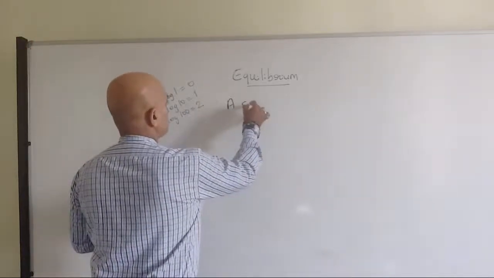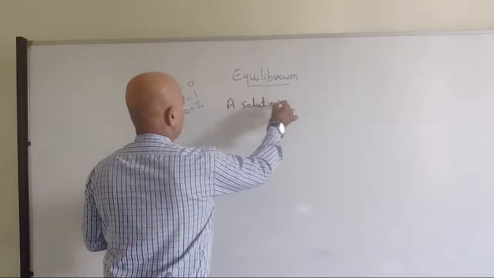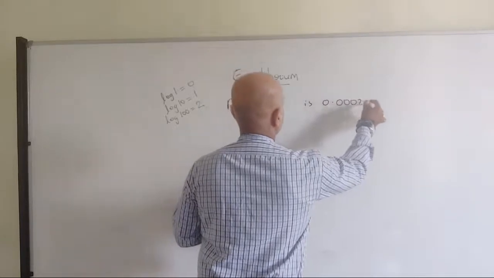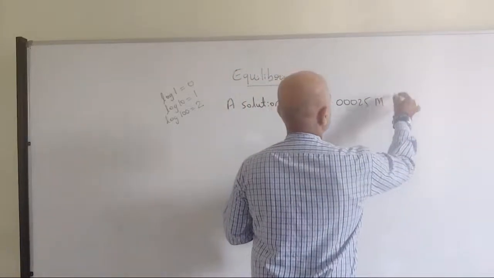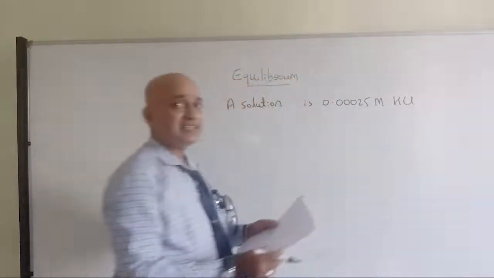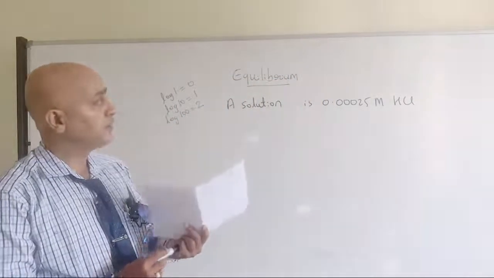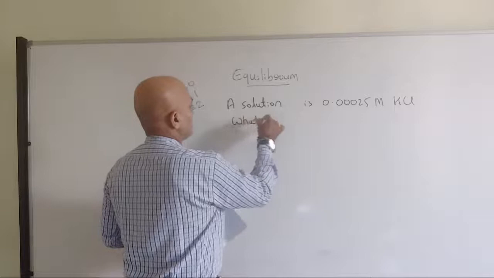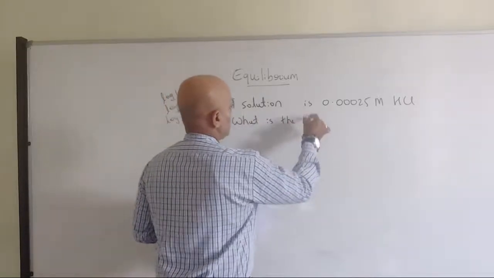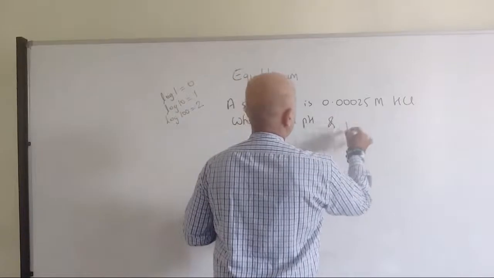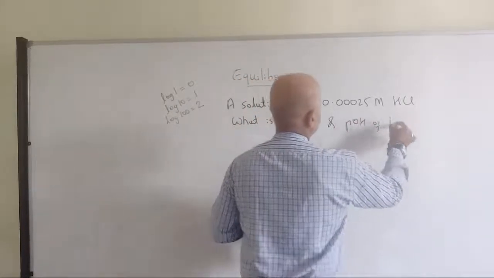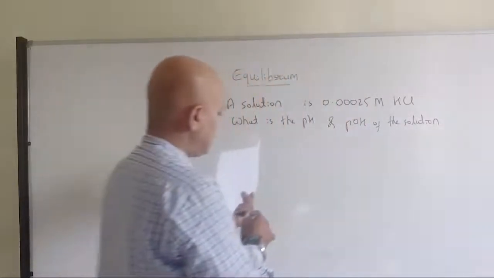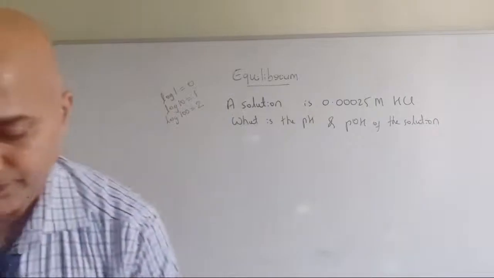A solution is 0.00025 molar HCl. What is the pH and pOH of the solution?